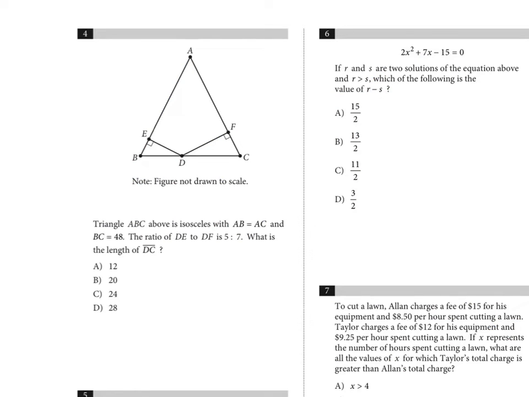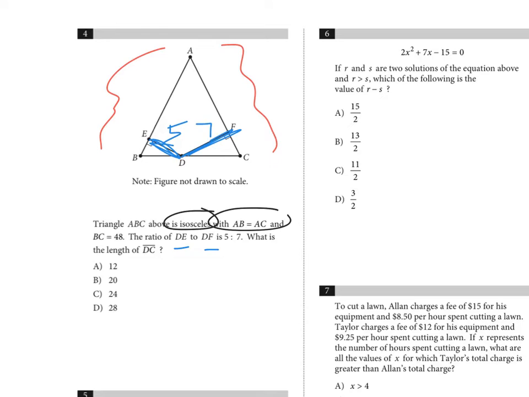For problem 4, in triangle ABC, it's isosceles. It has 2 equal, or congruent, sides. So in this case, AB is congruent to AC. And then it says the ratio of DE to DF is 5 to 7. What is the length of side DC?